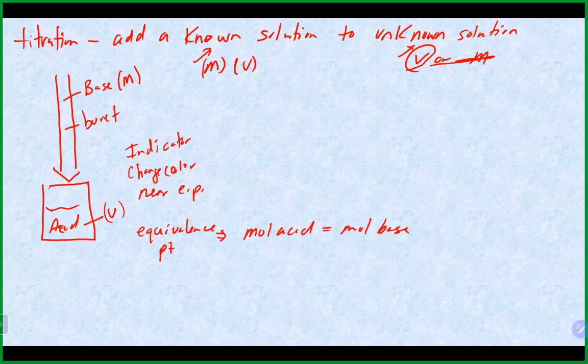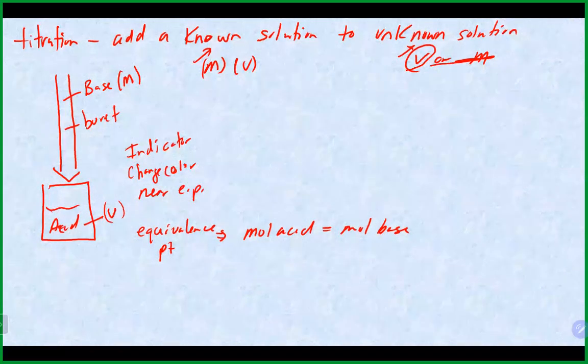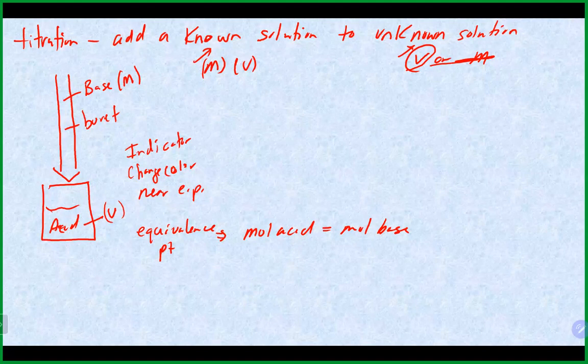So it is that exact point where you've neutralized each other. You've added enough base to neutralize all the acid you started with in a titration. Ideally, if you pick an indicator, it should change color near where that is occurring to give you a visual representation that you should stop your titration because you're pretty much there.